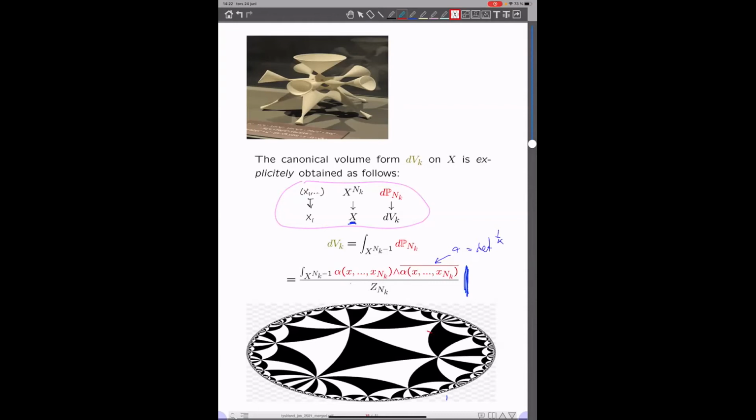And there it turns out that I can actually construct by hand something really concrete in terms of the algebraic structure and get some canonical measure on the n-fold product. And then I can just push forward that measure to X. That's actually what the expectation does for you. And that pushing forward means that I integrate away all but one variable. And this is how I actually get the canonical volume form on X itself.